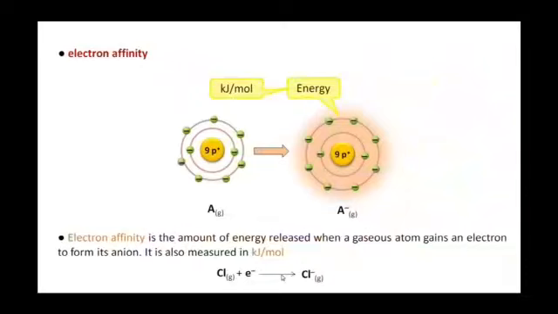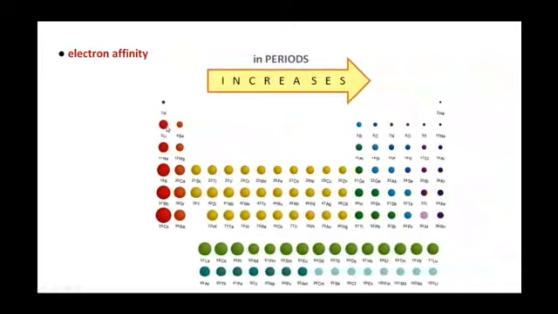electron affinity. Now, let's see how electron affinity varies along the periods and groups. Along the period, that is left to right, electron affinity increases. Let's see the reason. When we compare lithium and fluorine, fluorine will easily gain electrons because its atomic radius is smaller.